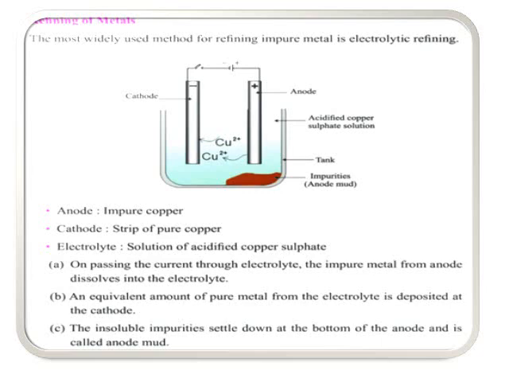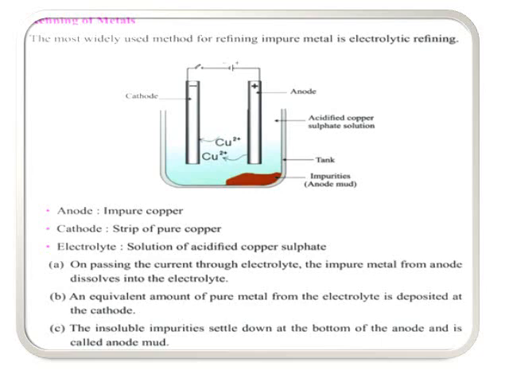This cycle is repeated until the whole of the metal from the impure block is dissolved and deposited on the cathode. The soluble impurities go into the solution, whereas the insoluble impurities settle down below the anode and are known as anode mud.